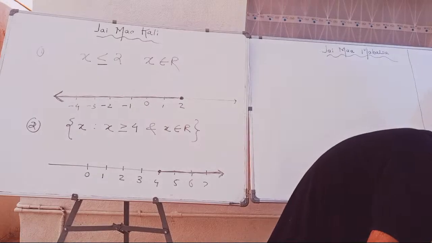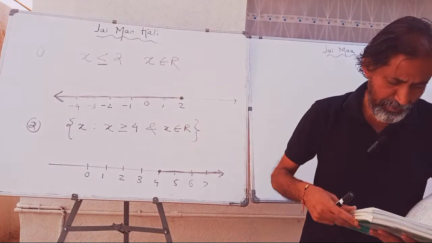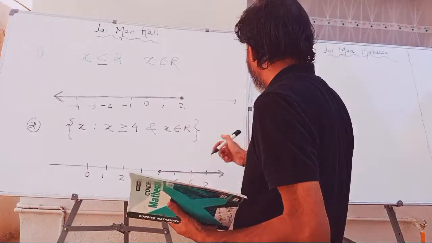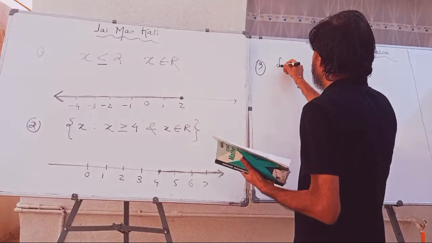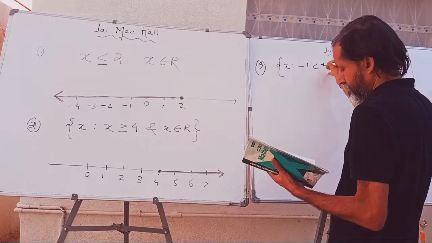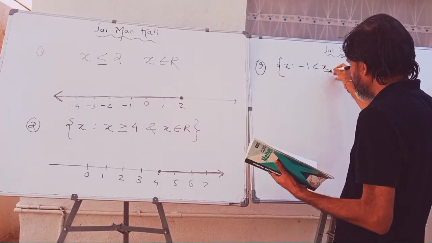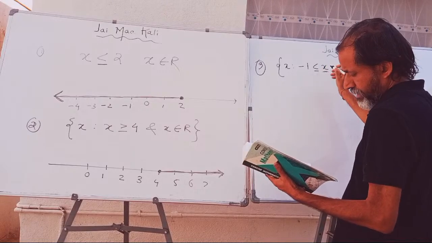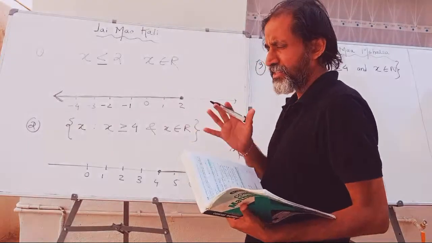Similarly, let's take one more. Third part, let's say x is such that 1 is less than or equal to x, less than or equal to 4, where 1, 2, 3, 4, 5, 6, 7, 8, 9 are natural numbers, and so on.